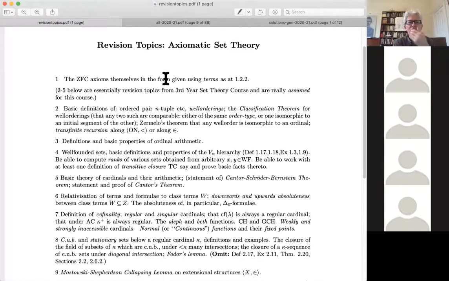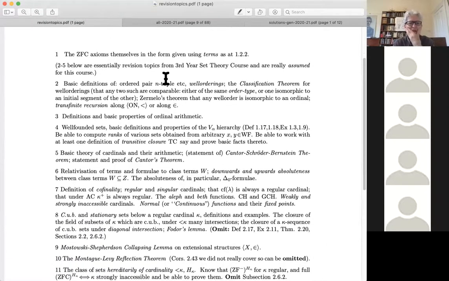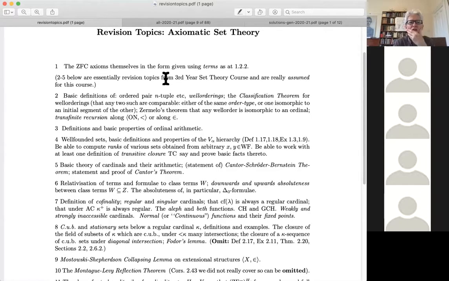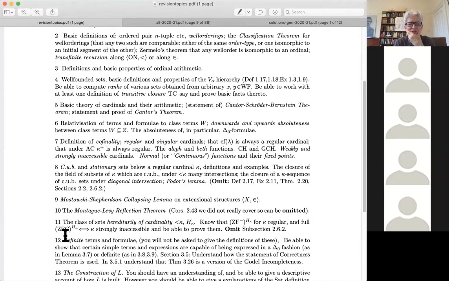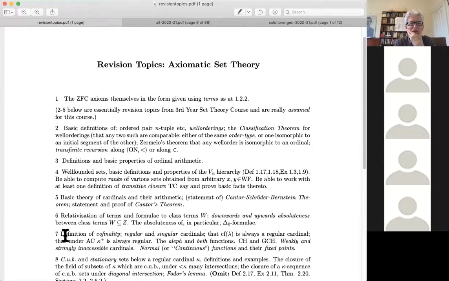Okay, so this is the revision topics checklist here. Basically, I can go through these. Roughly what I'm going to be doing is going through the things on this list.